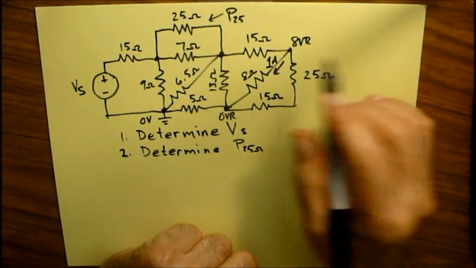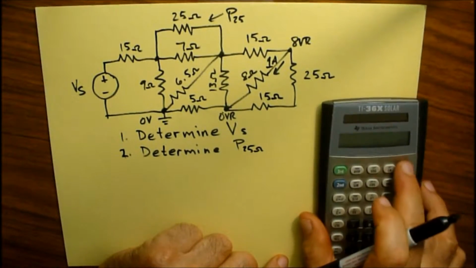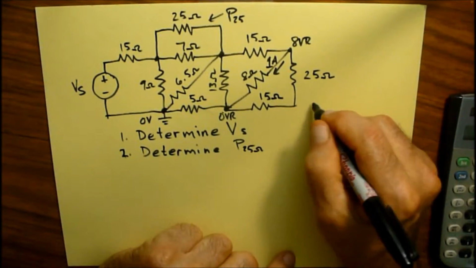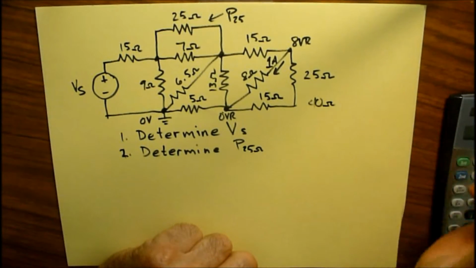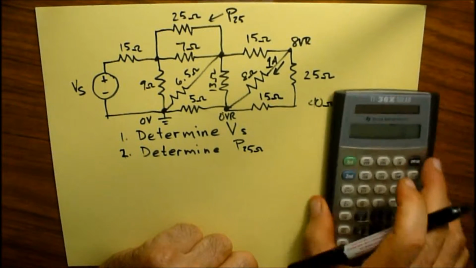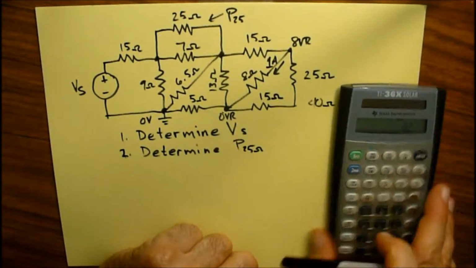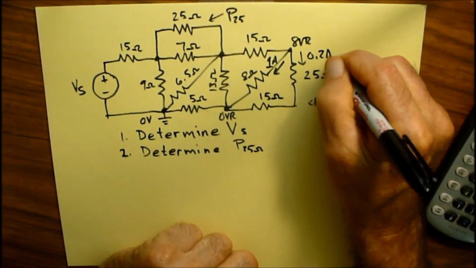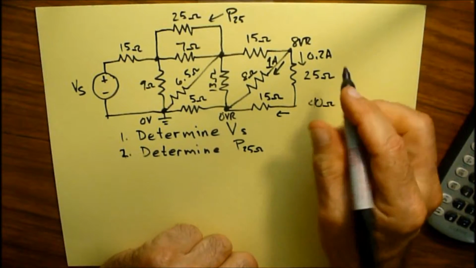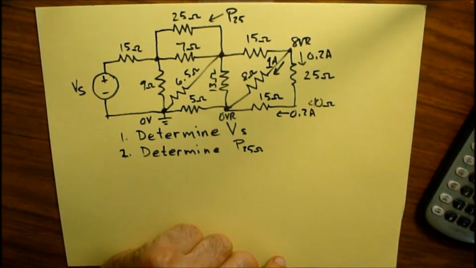And 25 and 15, that's 40 ohms, these two, and 8 volts. 8 volts divided by 40 is this. That means I've got 0.2 amperes going through these two guys right here. 0.2 amps.